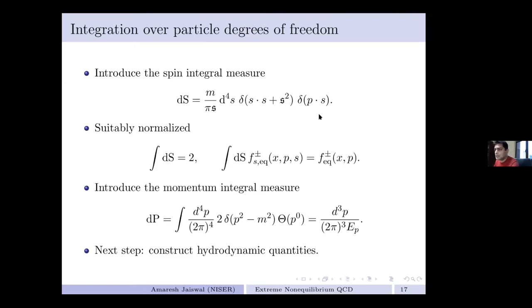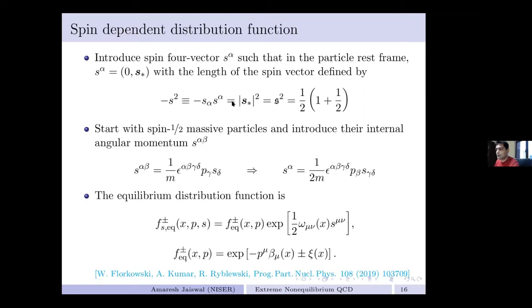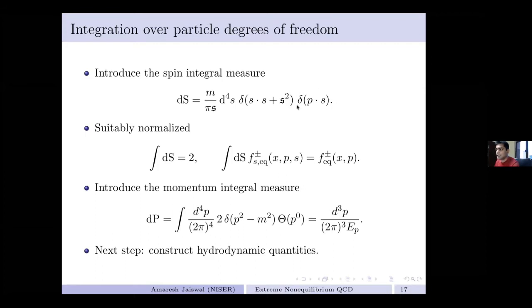So we introduce the spin integral measure, in which the first delta function constrains the length of the spin vector, and the second delta function ensures that the spin vector is orthogonal to the particle momentum. The part outside, m by pi s, is a normalization which tells us that if I integrate over dS, it should give me 2, which corresponds to the 2 degrees of freedom, plus half and minus half.